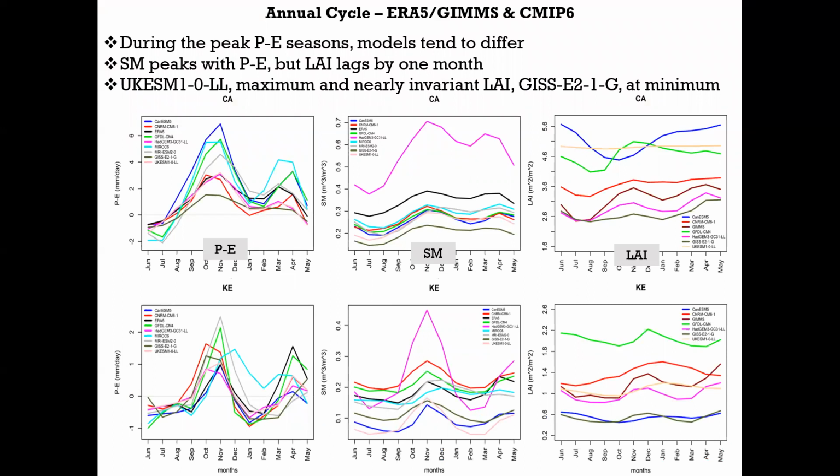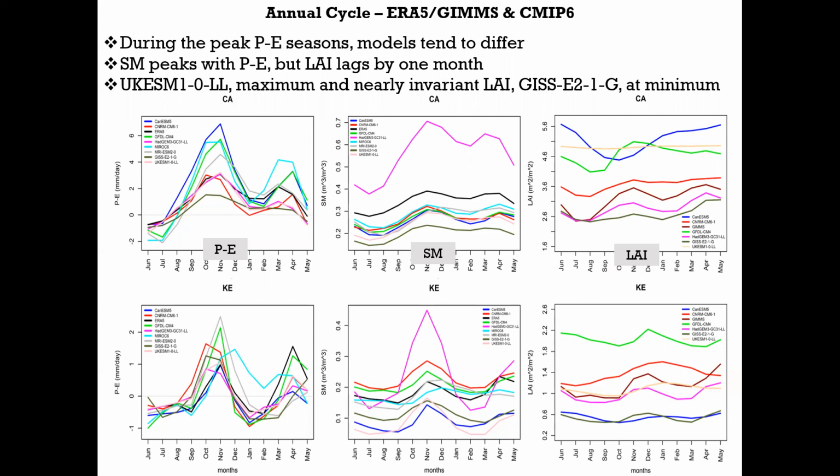Starting with the annual cycles over the different sub-regions of Africa. On the top panel is Central Africa, while the bottom panel is East Africa. The reference data here is ERA5, shown by the black line for P minus E as well as soil moisture, while for leaf area index the reference is the maroon line, which is GIMMS.